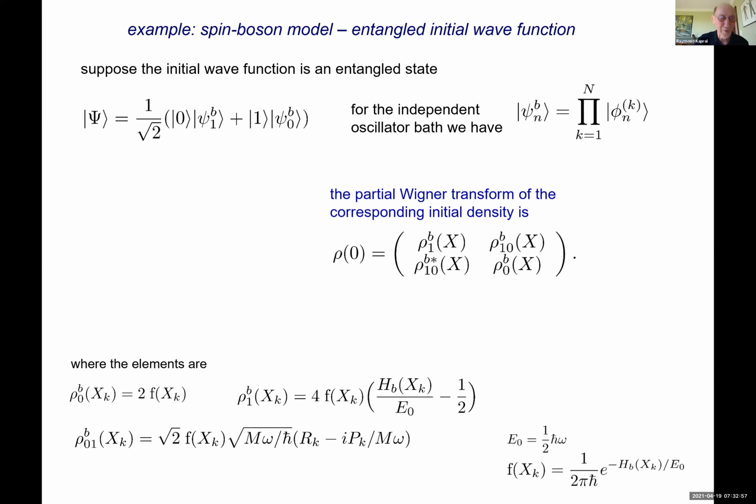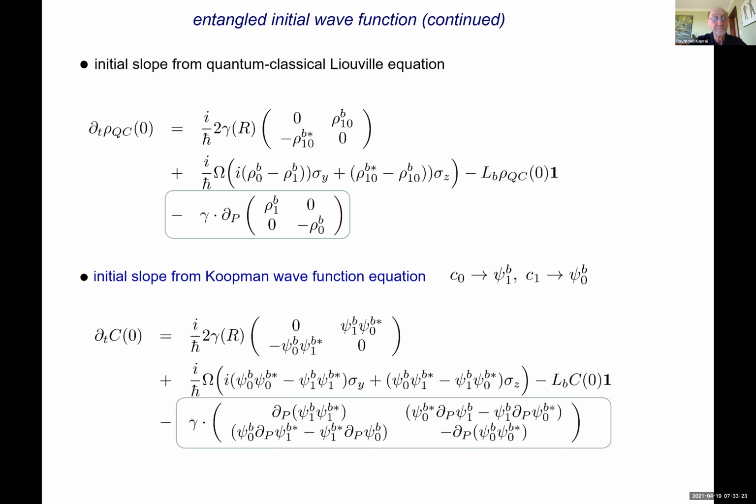Okay, good. So the densities are in terms of this f, which is just an exponential of the Hamiltonian, but the denominator is the ground state energy of an oscillator, and similarly the off diagonal elements are complex and are the indicated functions of R and P. Okay, so now one can try to compare these descriptions.